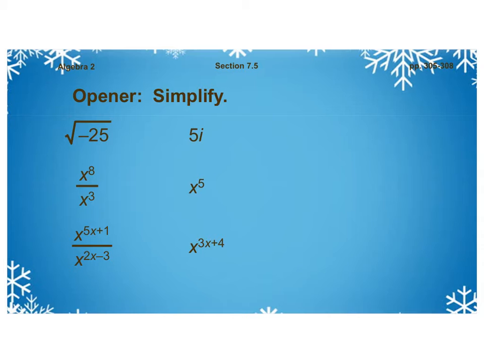Okay, so first we're going to look at what we have done prior to this. So as you can already see the answers, but negative 25, oh dear, we need to have this a lighter color. We had white before, let's fix that here. Which equals, the negative comes out as i. So this is root 25 and an i.